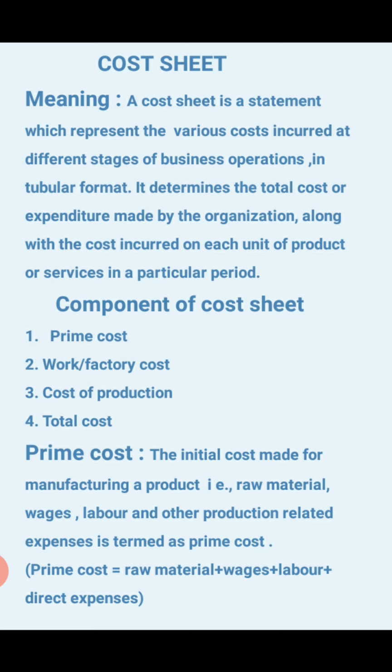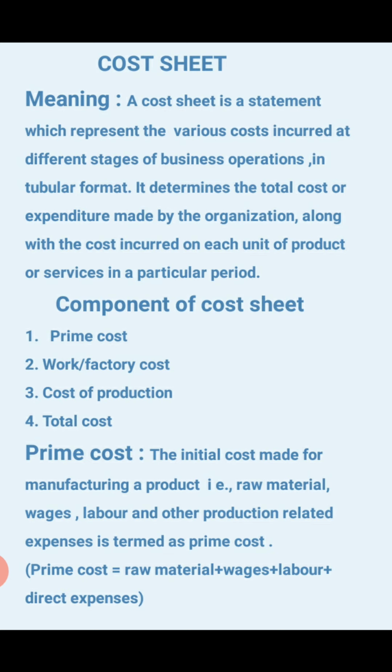It means the total expenditure that the business or organization has spent, along with the cost incurred on each product, and the services we have provided to customers for a particular period, all of them we record in the cost sheet. So this is the meaning of cost sheet.